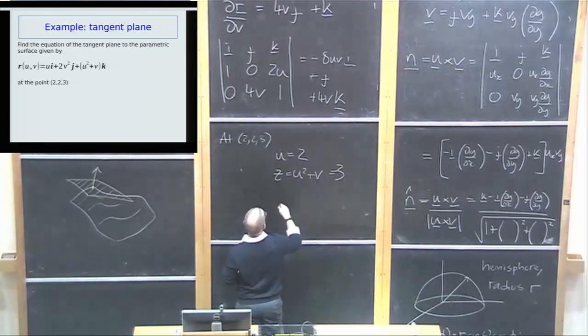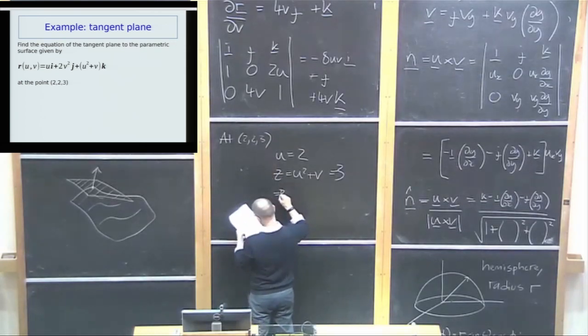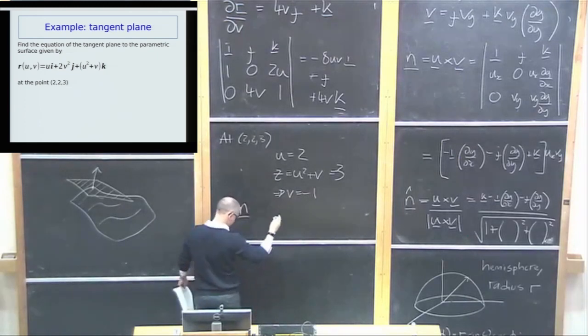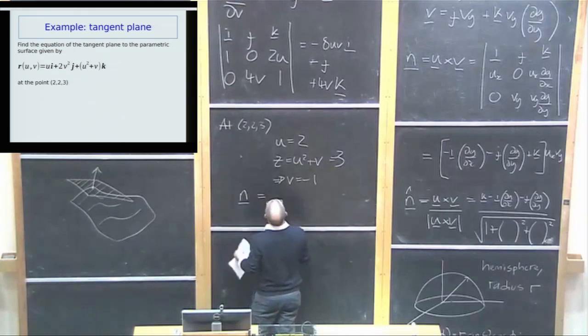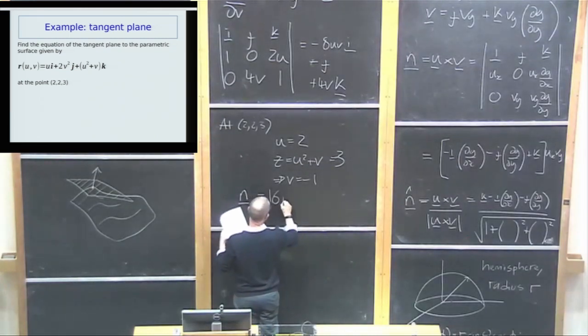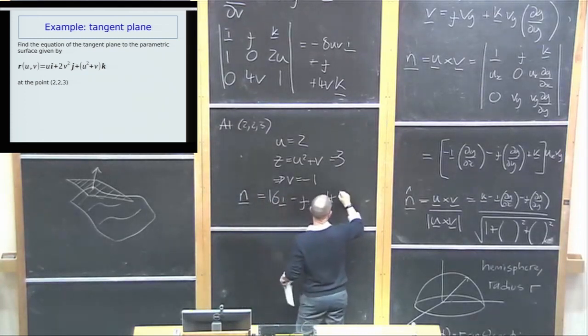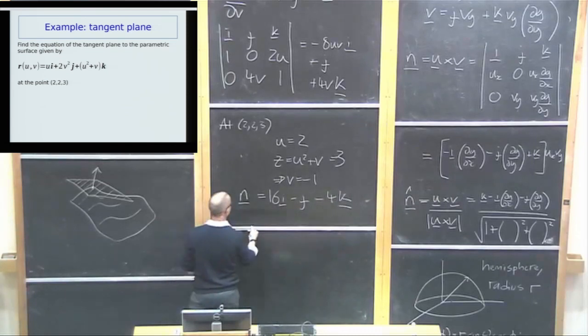And we know that the z coordinate at this point is 3, so that tells us that v equals minus 1. So then we know that our normal to the surface at this point is given by 16i minus j minus 4k, putting in our values of u and v, which we've worked out for this point.